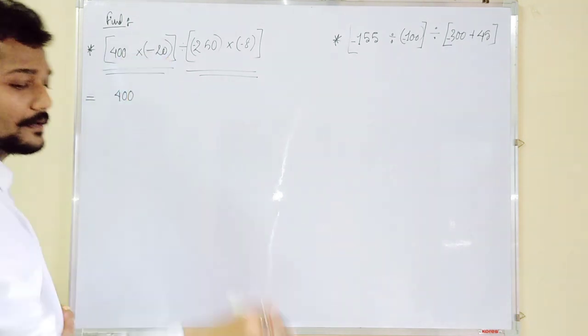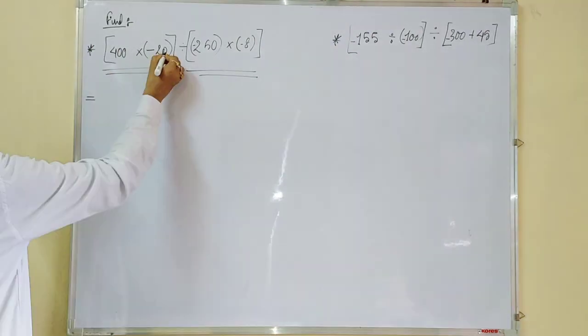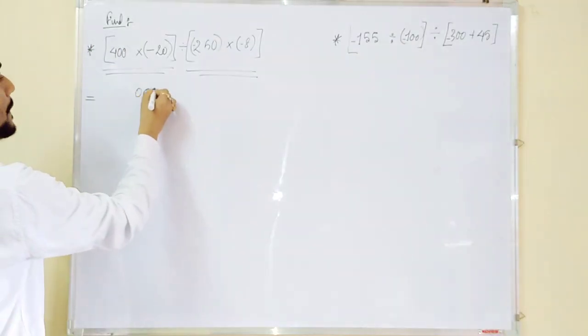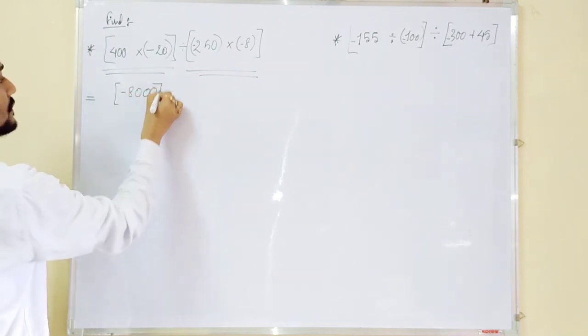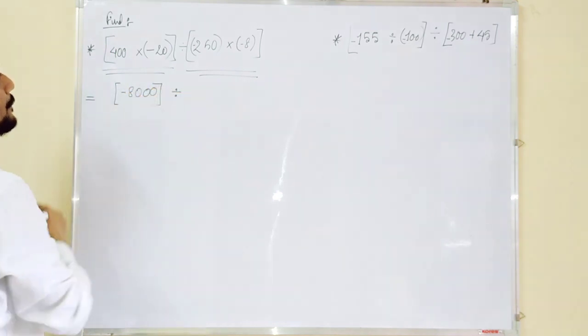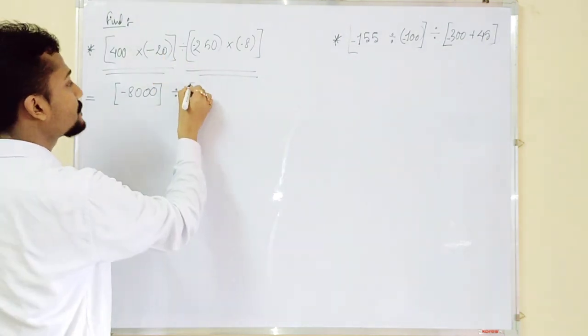So let us see, 400 into minus 20 is equal to how much? 3 zeros, 2 fours are 8, minus 8000, isn't it? Divided by 250 into minus 8.